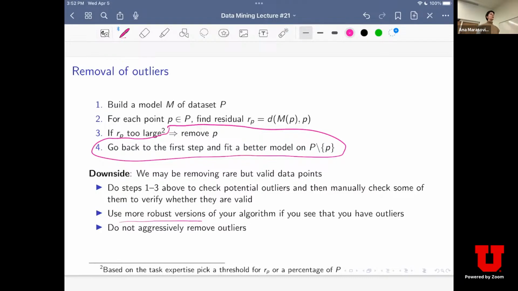So the first suggestion is do steps 1, 2, 3, find your potential outliers, and then look at them manually and make decisions. Another, of course obvious, suggestion is that if you want to do clustering, well, there are so many clustering algorithms, and because this is such a prevalent problem, someone else has most likely been thinking about it.